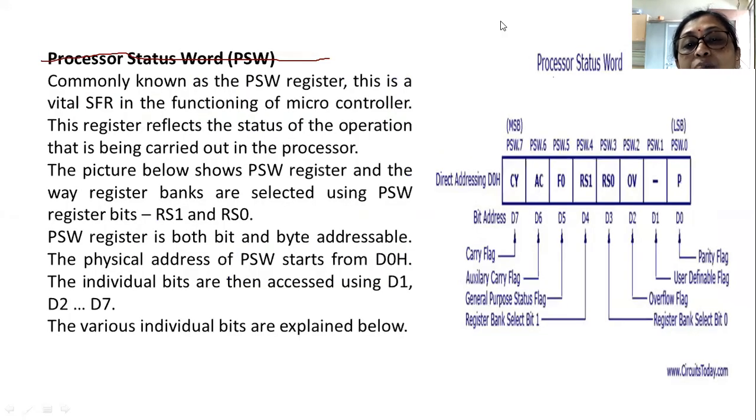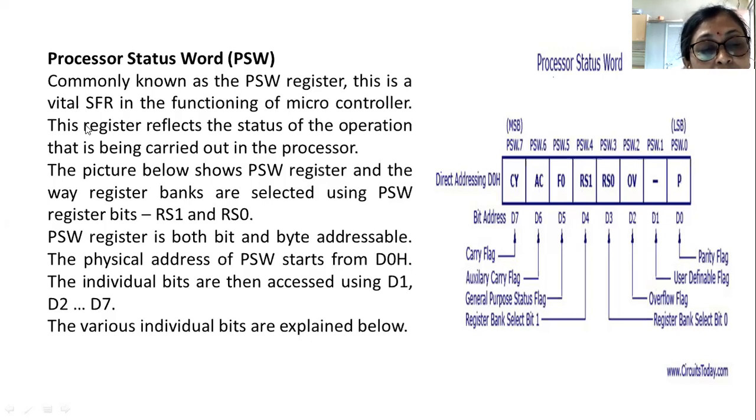As you can observe here, the next special function register is the program status word, the processor status word. We have already studied this. As its name implies, it is used to indicate the status of the microcontroller processor. That means after performing a certain operation, what is the status of different registers of the microcontroller?